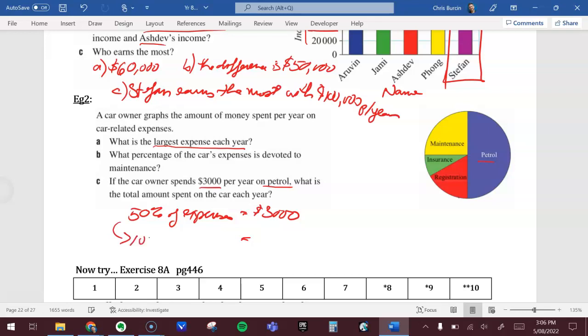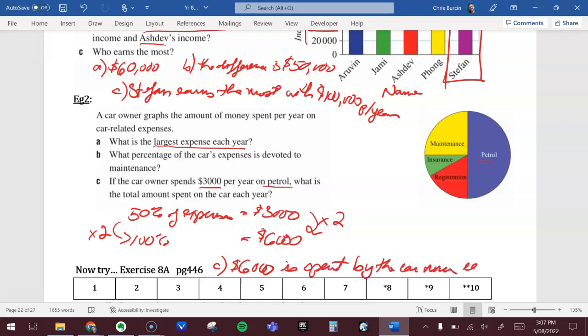Well, how do we get to 100%? We multiply by 2, and of course we do that on both sides of our equation, and then we get $6,000, and the answer to C is $6,000. We have to write it all out: $6,000 is spent by the car owner, however you want to say this, each year. Yay!